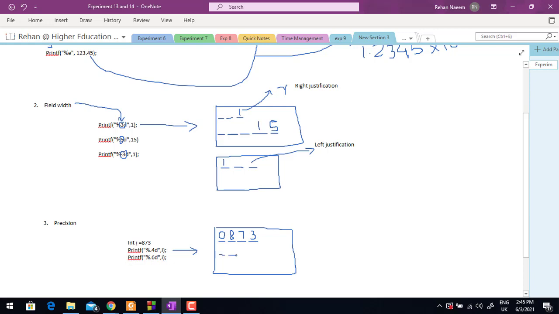So 1, 2, 3, 4, 5, 6. 6 spaces will be allocated, and 873 will be printed starting from the right hand side. So 3 will be displayed over here, 7 will be displayed over here, 8 will be displayed over here, and because of this point, the zeros will also be displayed at the output. 000873.